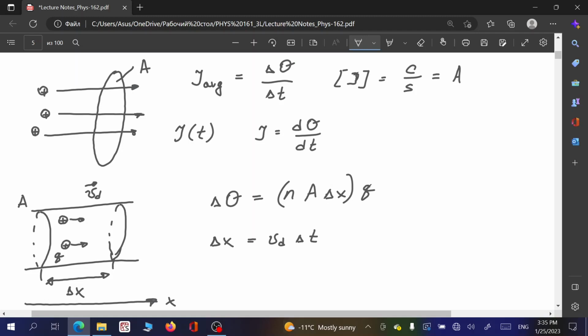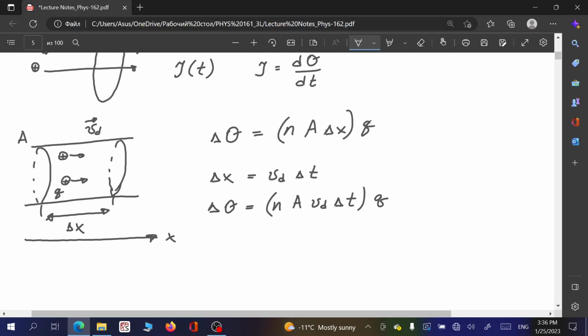Now we can substitute it into the equation for electric charge, and that will be n times a times vd delta t times q. And according to the definition of average electric current, average is delta q over delta t, we can write that the average magnitude of electric current will be n times q times vd times a.